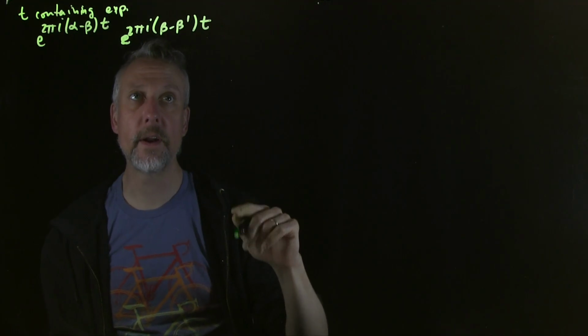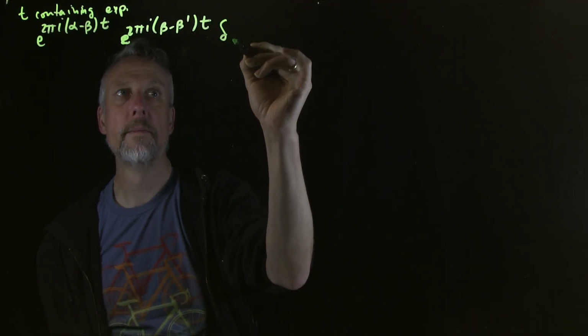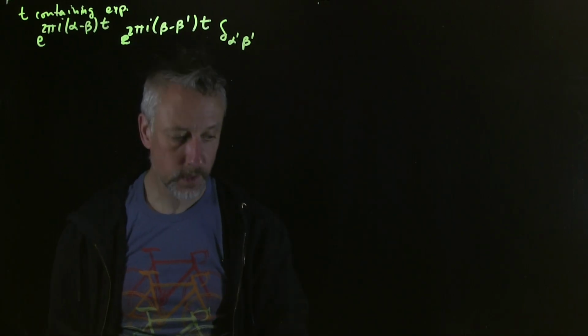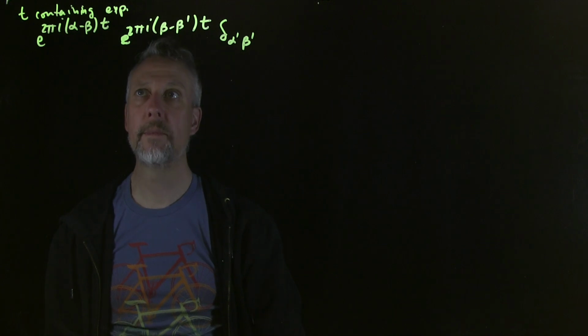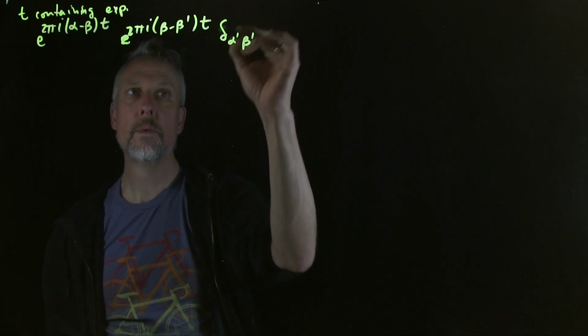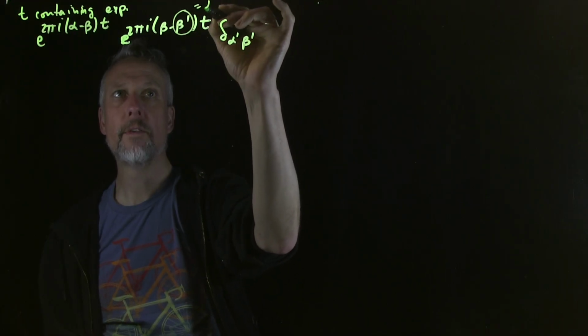But there's another term in there that was a delta function. The delta was put in alpha primed, beta primed. So alpha primed and beta primed are the same, which means that this beta primed is actually equal to alpha primed.